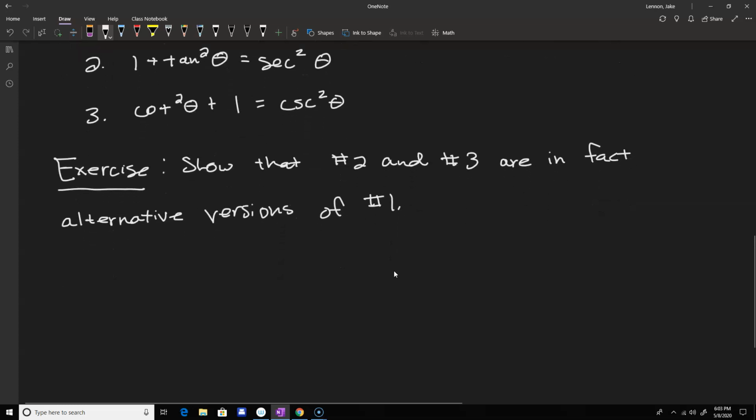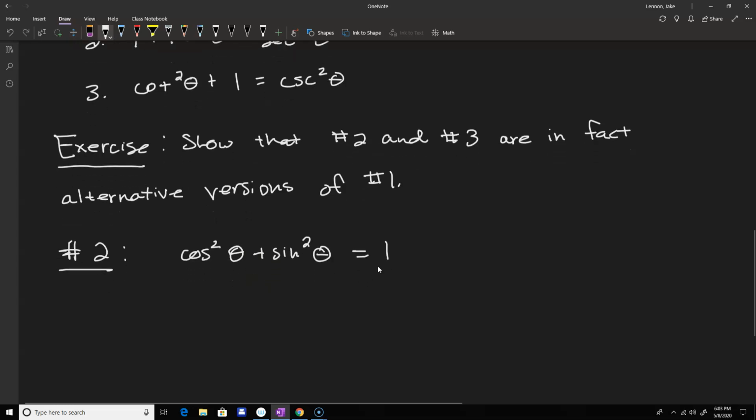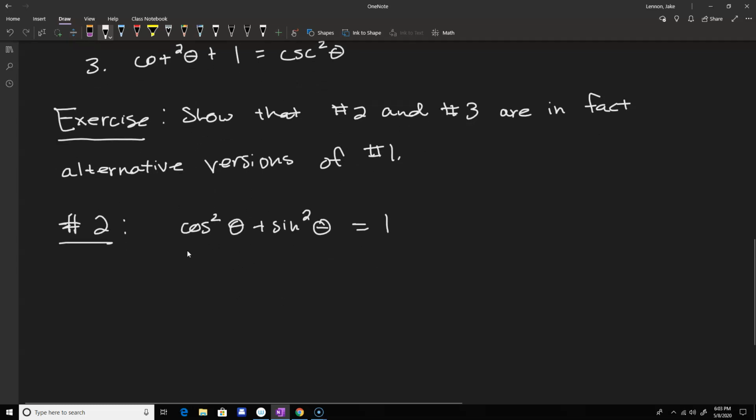So what I'll do is I'll show you number 2, and you can do number 3 at home. Try and see if you can verify that yourself. It's not so difficult. So if we start with cosine squared theta plus sine squared theta equals 1, all we have to do is divide both sides.